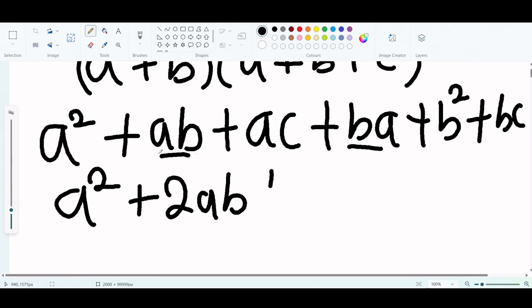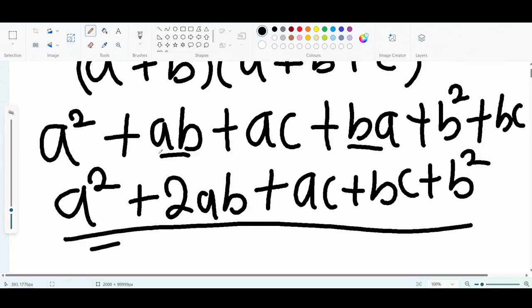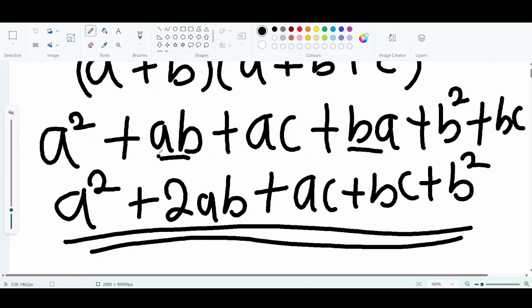Now the other things we have there, we have AC plus BC plus B squared. So this is going to be the final answer to this question. So this is how we simplify the expansion of these brackets.